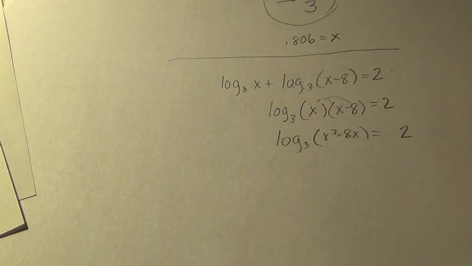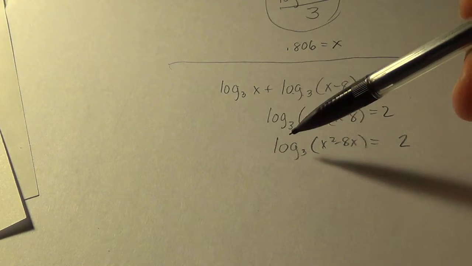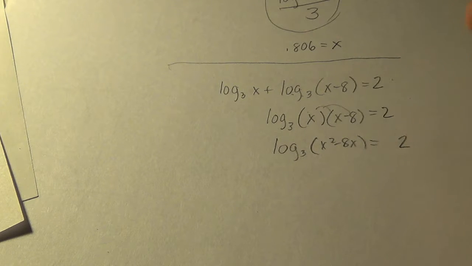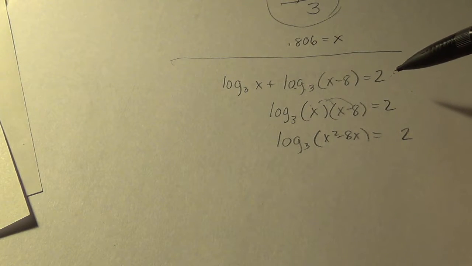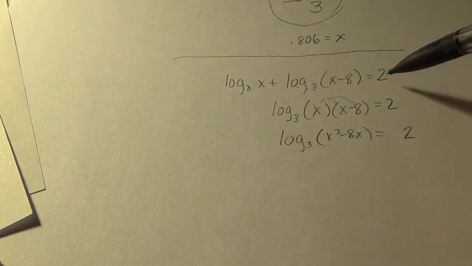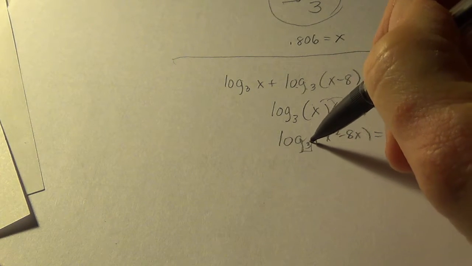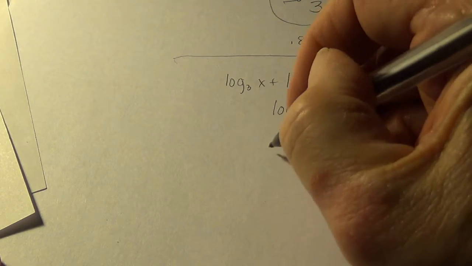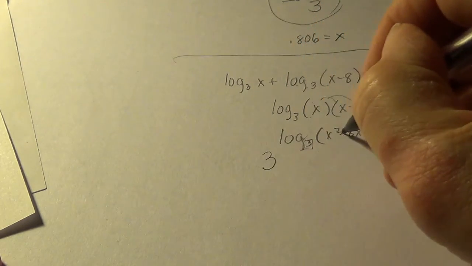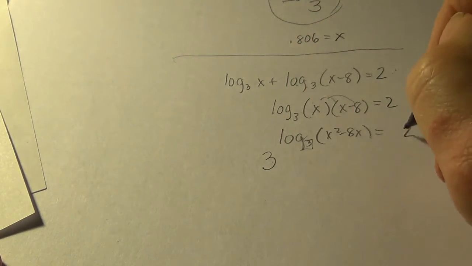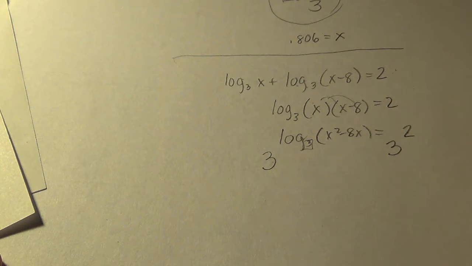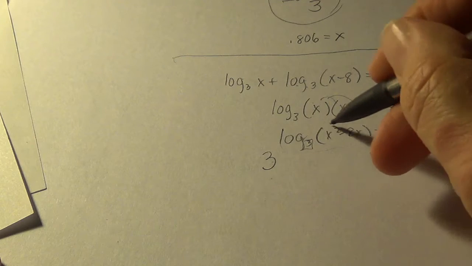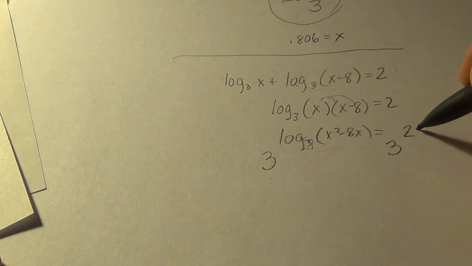Now previously in video land, we learned how to undo a log, and we are going to exponentiate each side, and we're always going to use the number according to the base of the log in the problem. So I'm going to make this an exponent of a 3, and I'm going to make this an exponent of a 3. So this is 3 raised to this mess equals 3 squared.